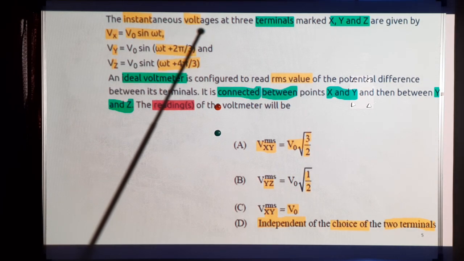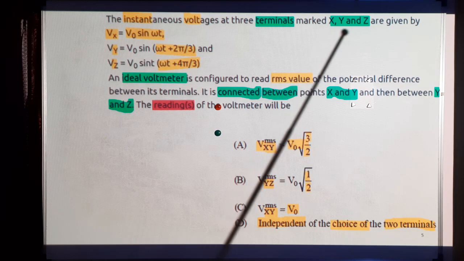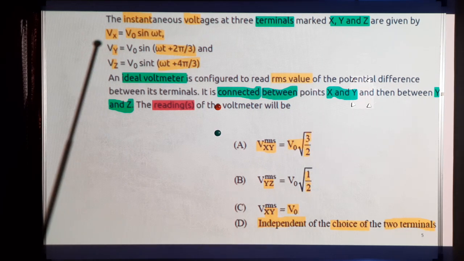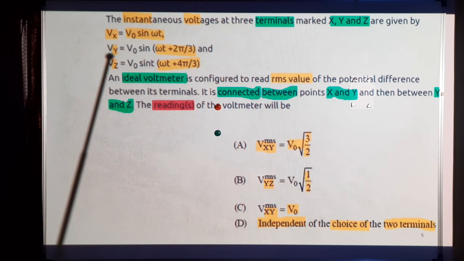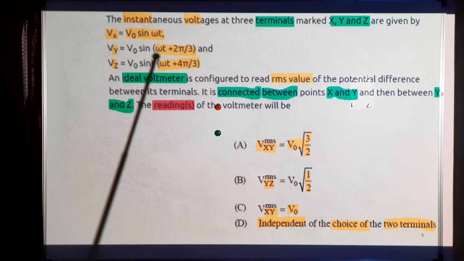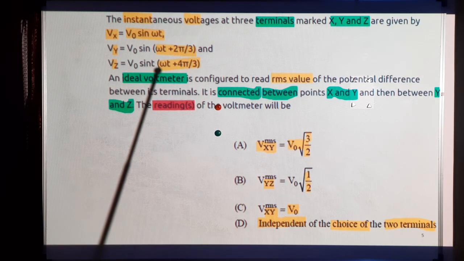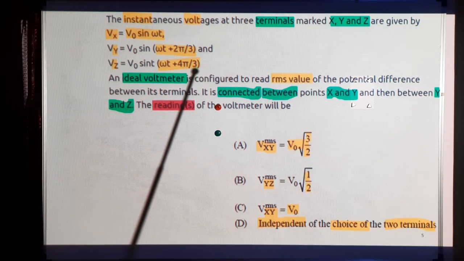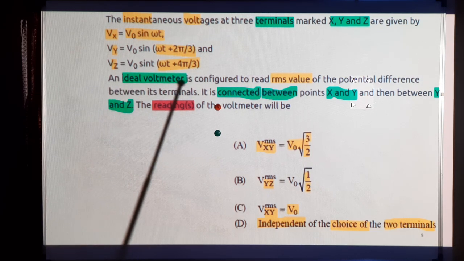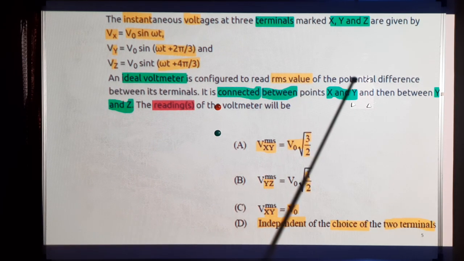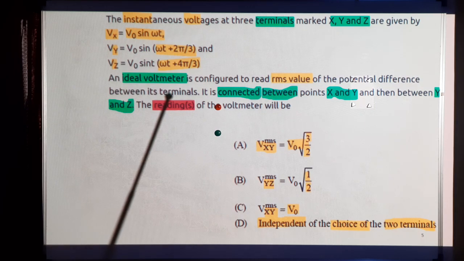The instantaneous voltages at 3 terminals marked X, Y and Z are given by Vx equal to V naught sine omega t, Vy equal to V naught sine of omega t plus 2 pi by 3, Vz equal to V naught sine of omega t plus 4 pi by 3. An ideal voltmeter is configured to read the RMS value of the potential difference between its terminals.